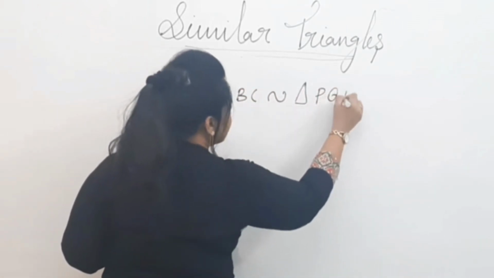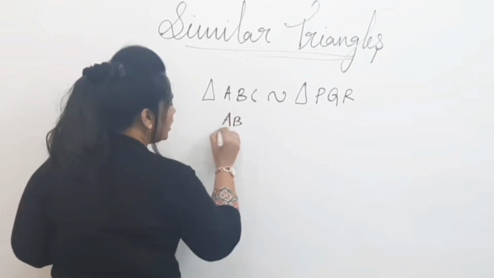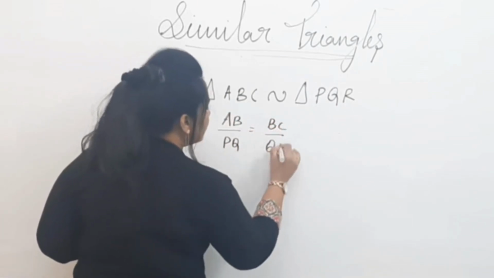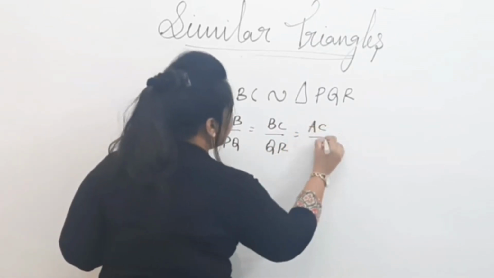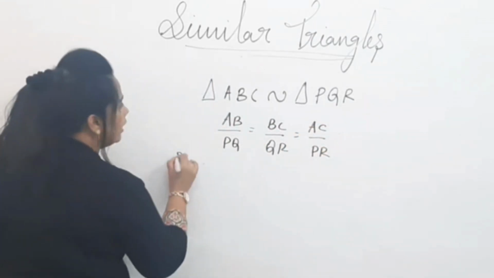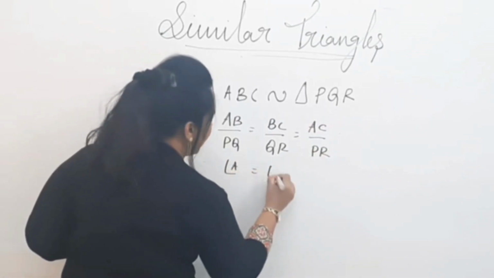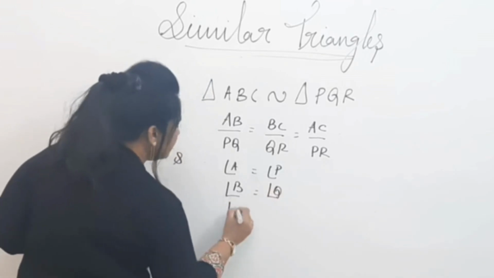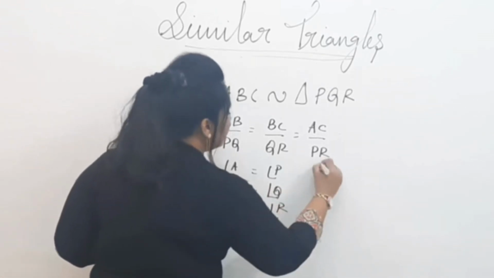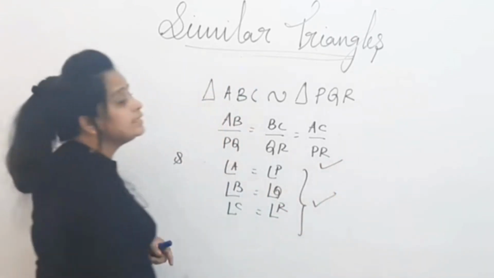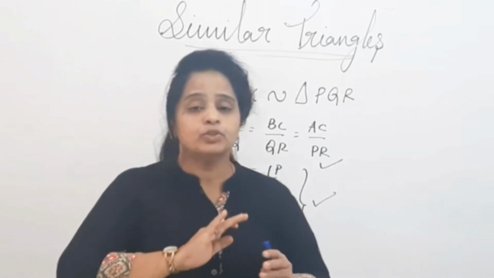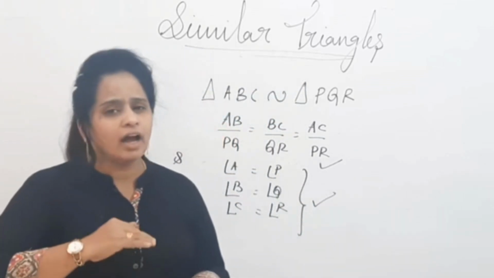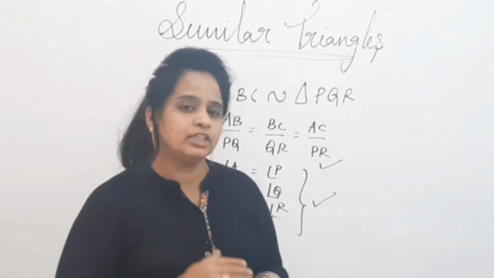Then we write AB by PQ is equal to BC by QR is equal to AC by PR, and angle A is equal to angle P, angle B is equal to angle Q, and angle C is equal to angle R. These two conditions will be satisfied if those two triangles are similar. Hope everyone understood the concept I tried to teach you.